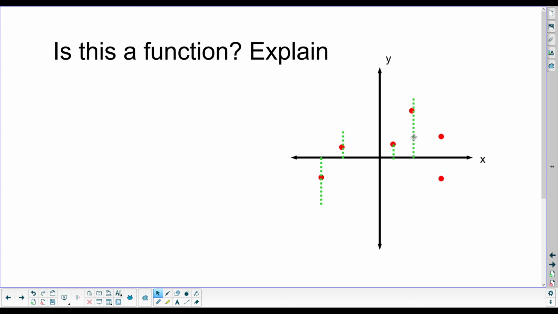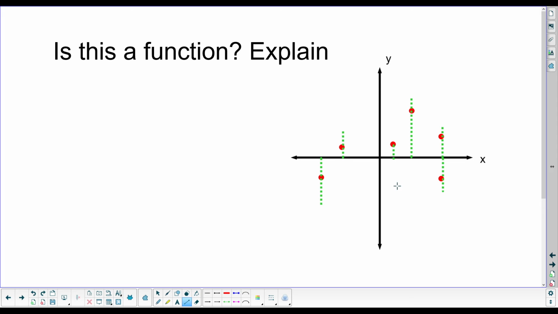Get the idea. Now, if we look at this last line here, this x value goes to multiple y values. It's hitting this point and this point.